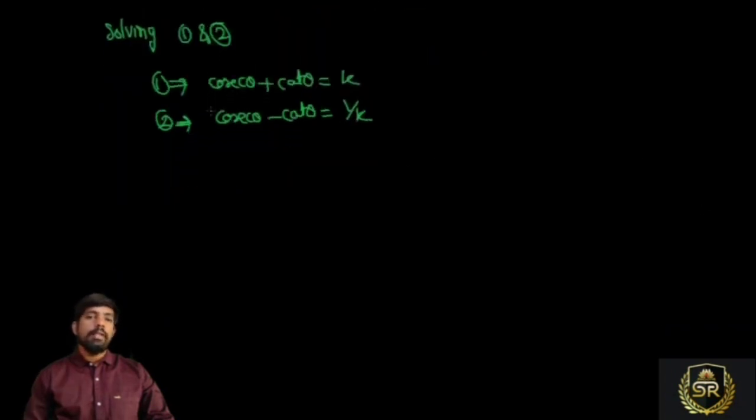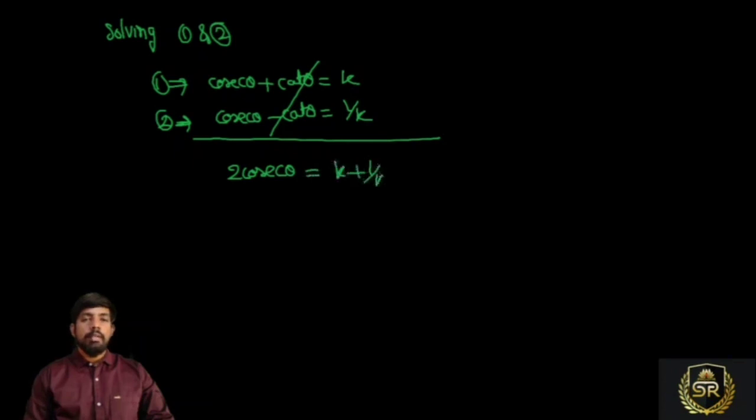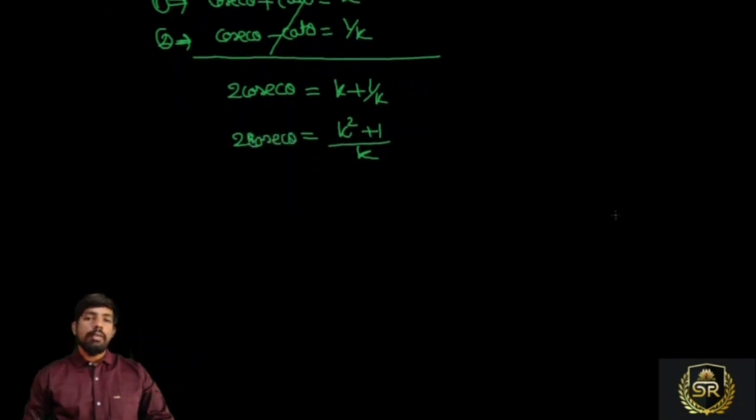Now cot and minus cot cancel. This is 1 plus 1, 2 cosecant theta. 2 cosecant theta is equal to k plus 1 by k. If I simplify this, k into k, k square plus 1 by k. So 2 cosecant theta is equal to k square plus 1 by k.